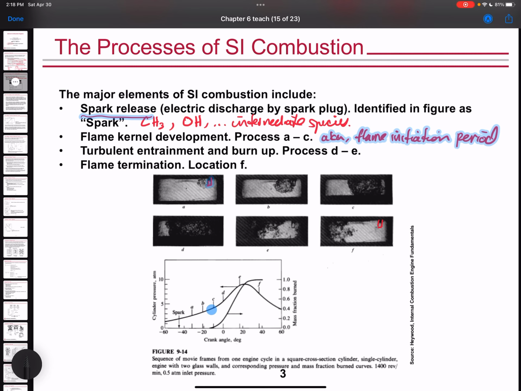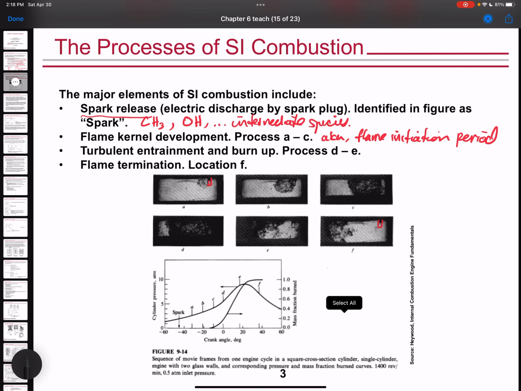And the reason for that is that you have this period of time where the spark releases and you get this ionized plasma that's able to commence the chemistry of the fuel-air mixture, but it takes time for that chemistry to actually get going, right?